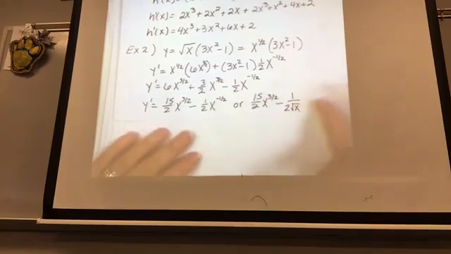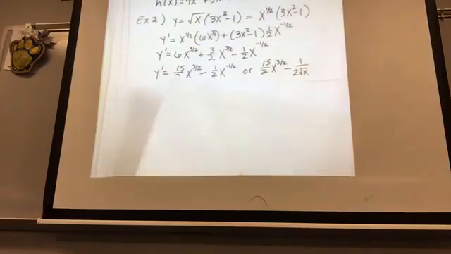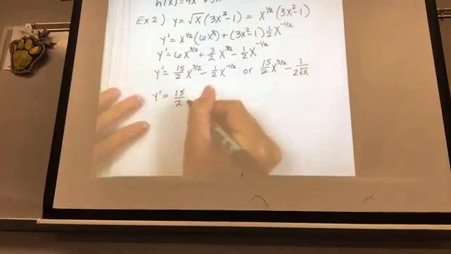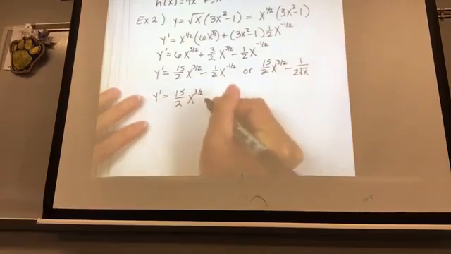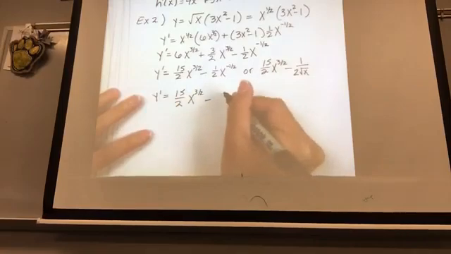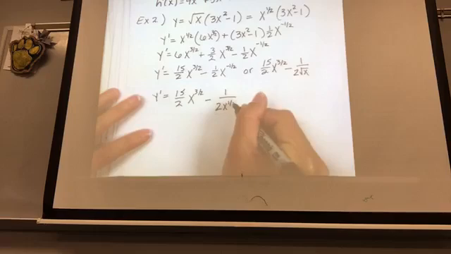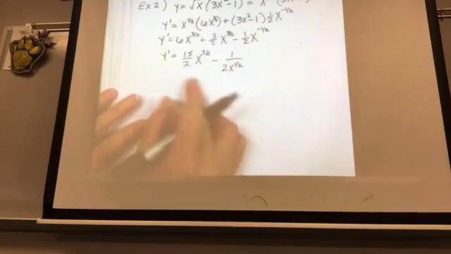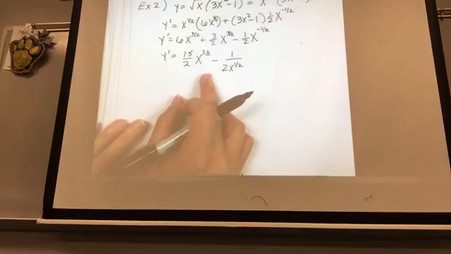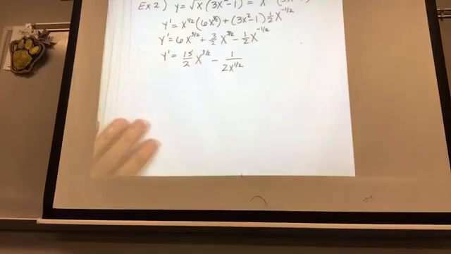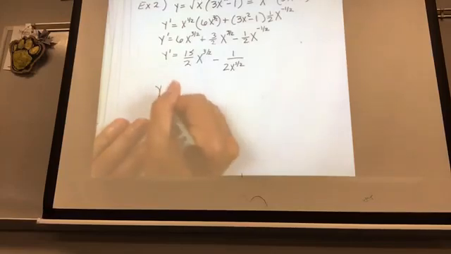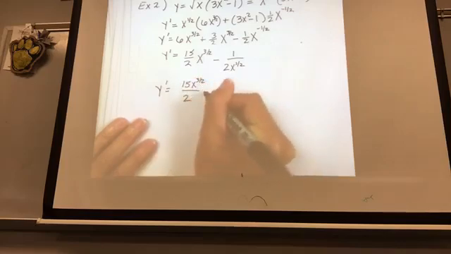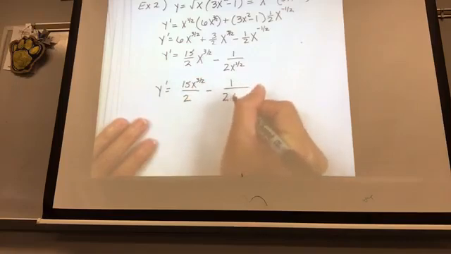You could also see this one written as, so just the algebra now is all we're doing. 15 over 2 x to the 3 halves minus 1 over 2 x to the 1 half. And now if I made a common denominator to write this as one fraction, what would it be?